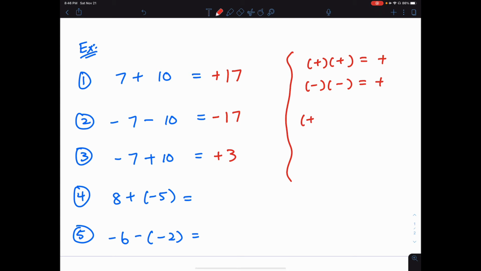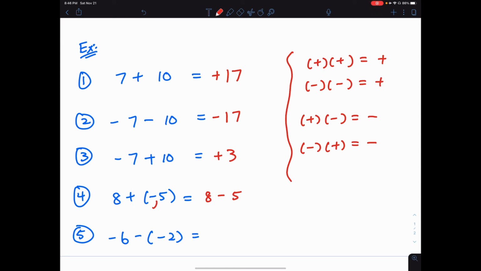Likewise, if we have plus and then minus, that results in a negative. And vice versa, if you have negative and a plus, then this also results in a negative. So the rule there would be if you have opposite signs, then they always result in a negative. So here, looking at number 4, 8 plus negative 5, this is the same as 8 minus 5, right?